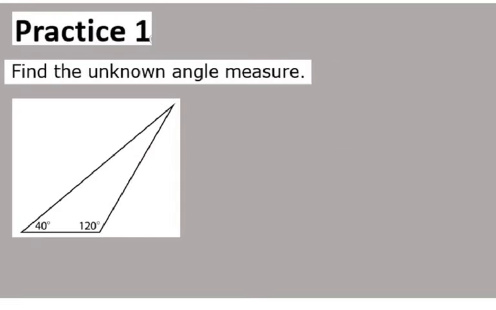Okay, practice problem 1. Find the unknown angle measure. We have our knowns and we're looking for our unknown. Let's go ahead and write it out as an equation. x plus 40 degrees plus 120 degrees, and all of that together equals 180.